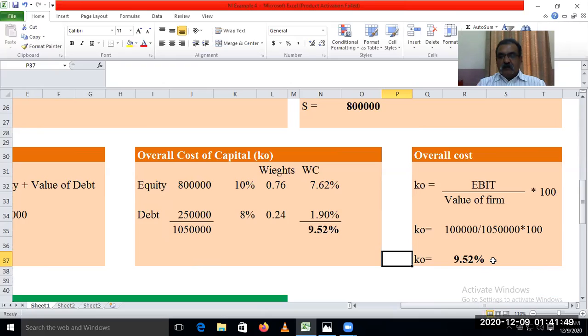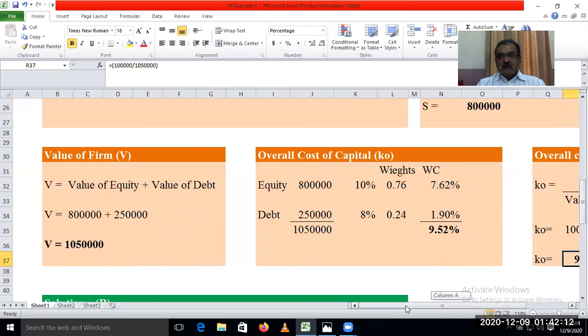If you check with the calculator, it is again the same. That is 9.52%. You can check in this table also we have got the same number, 9.52%. So there is an option, either you can calculate this way or this way. No need to calculate both ways. Anyways, the rate of cost of capital will remain the same. So this is the answer to A.